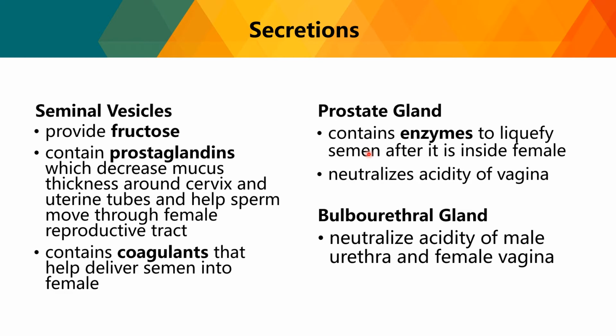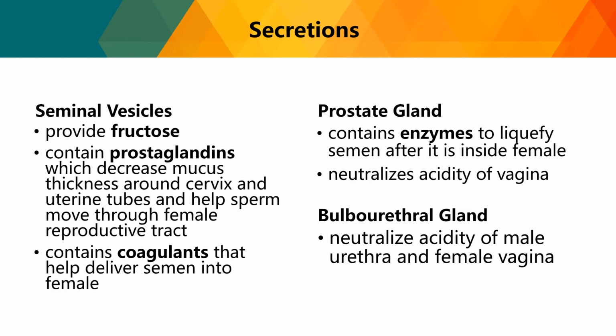And then next, you have the mucus or the secretions from the bulbourethral gland, which is also responsible in neutralizing the acidity of the male urethra and the female vagina. Again, with the male urethra, remember that it is also the pathway where the urine goes out from the body of a male.